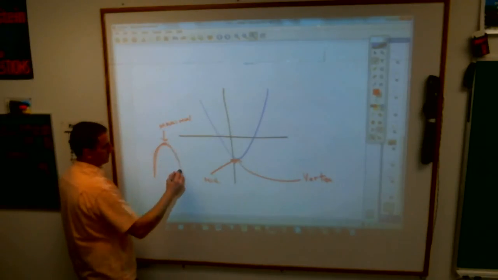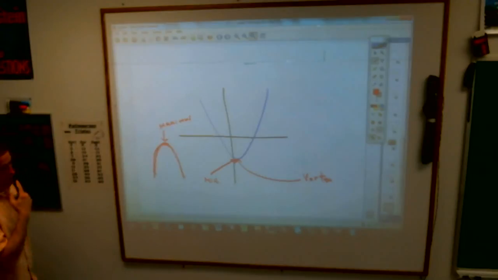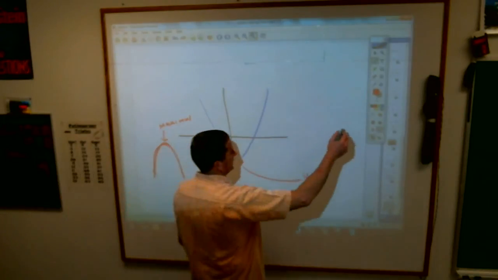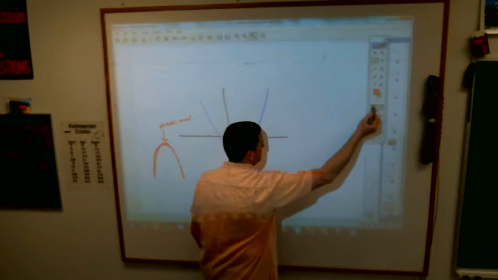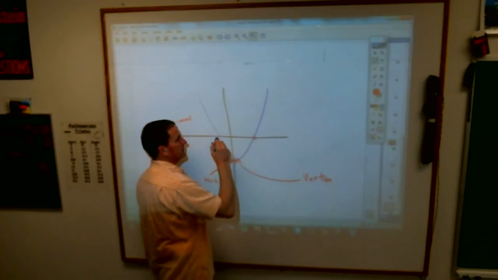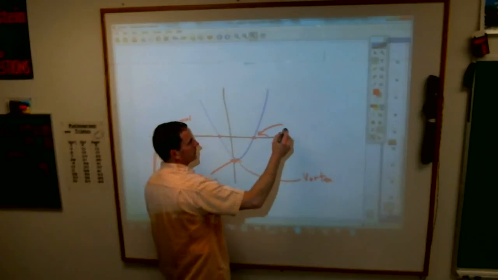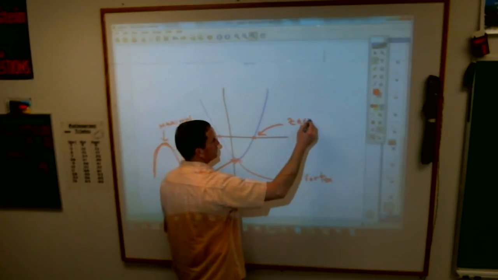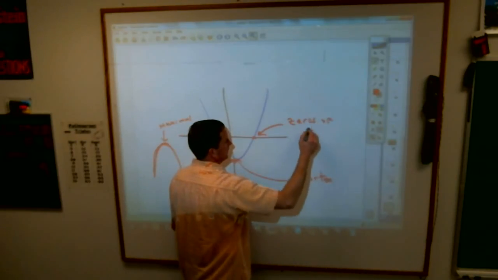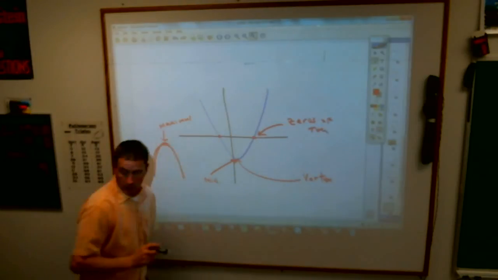That point where it crosses there. Let's move on here. Okay. Here's the other special thing. The places where it crosses the x-axis, those are called the zeros of the quadratic function.